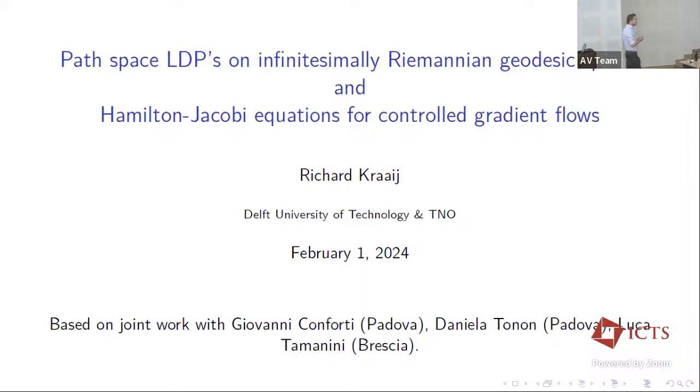Being here this week is also, for me, kind of a challenge. We introduce a setting where the basic structure is a metric space. This week we have spoken about various types of examples, for example a graphon space, which is also a metric space. So does the graphon setup allow for a diffusion process such that path-space large deviations for this process would fit the framework that I'm going to introduce today?